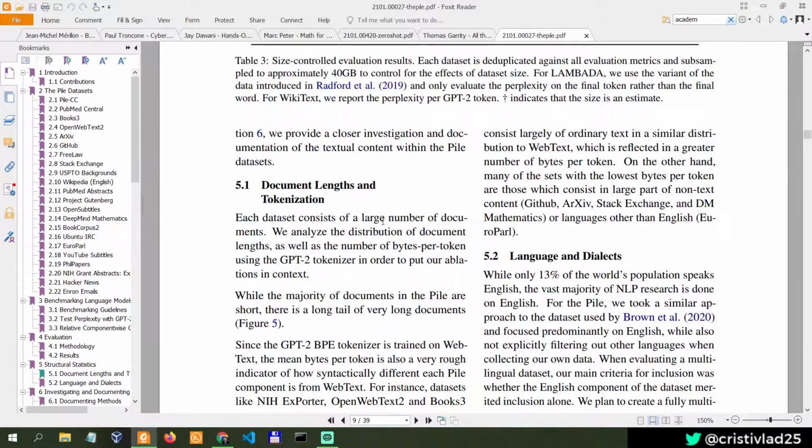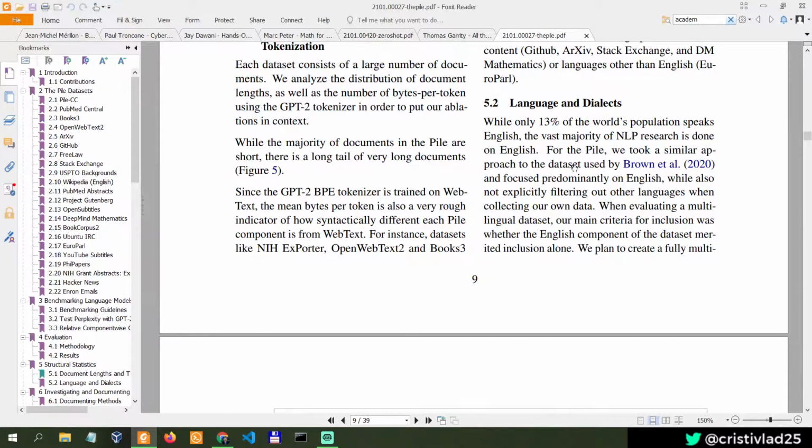Here they talk about tokenization. Now, very interesting is that GPT-3 is mostly English.